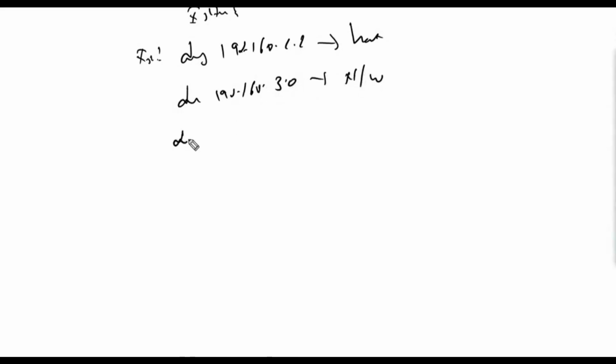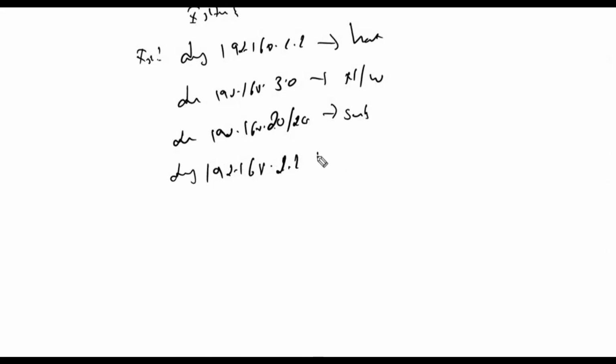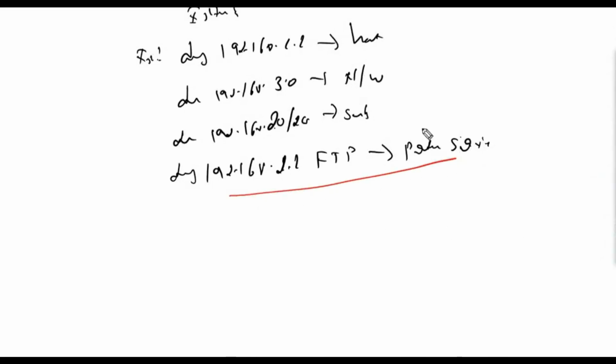If I deny 192.168.2.0/24, then I'm blocking the particular subnet. Including that, I can deny 192.168.2.1 FTP, so it does not access a particular service. This is the most important thing. Always remember.